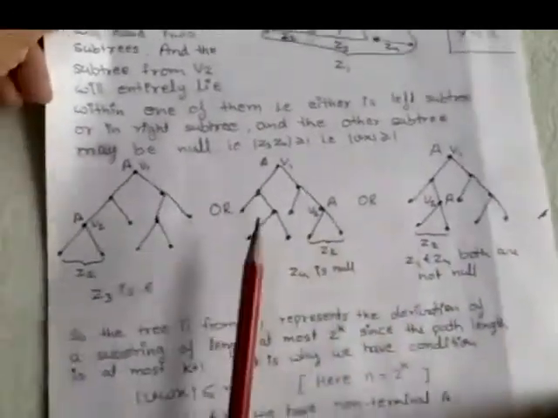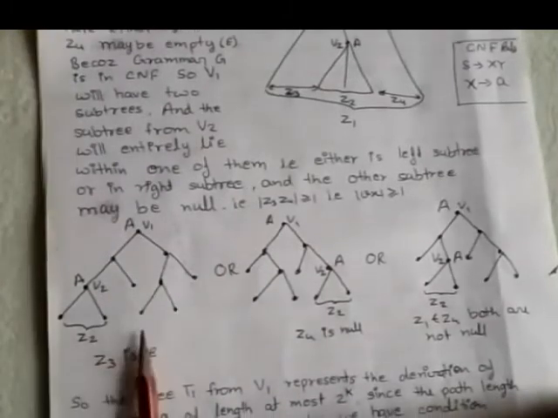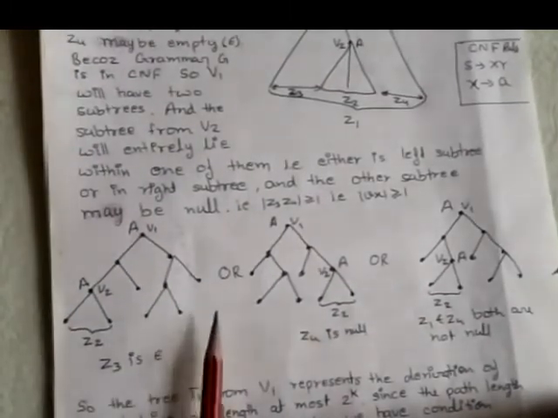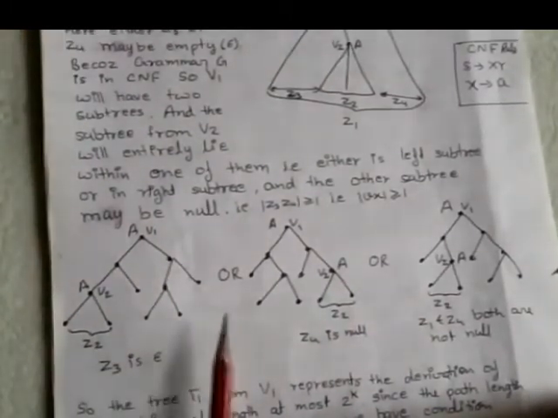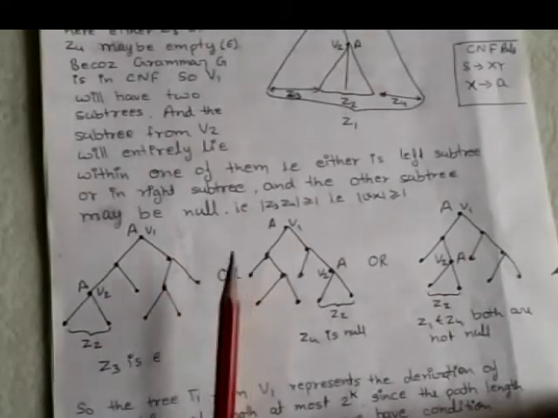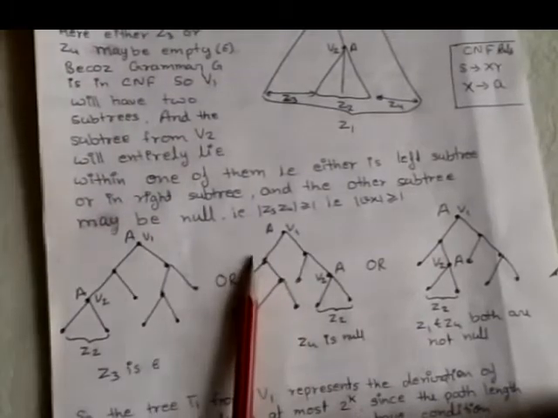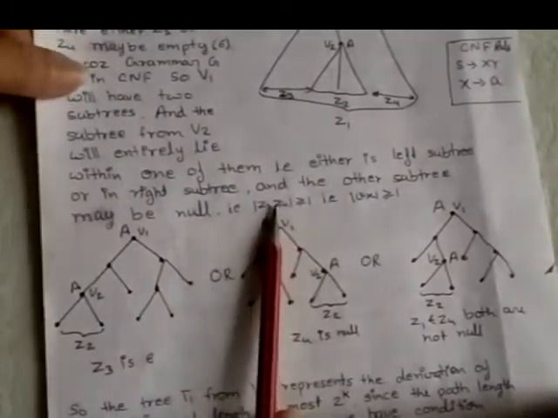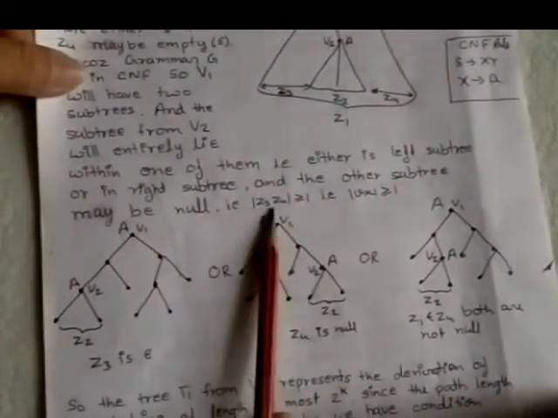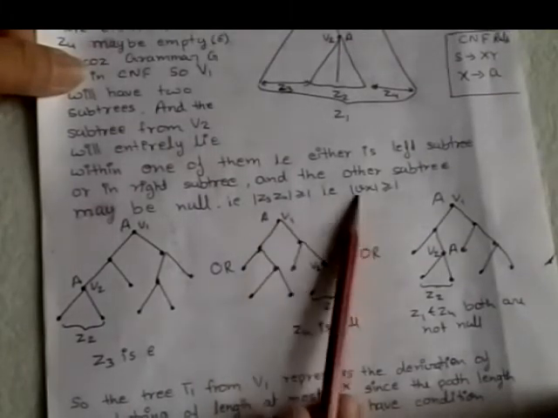So either Z3 or Z4 may be empty, but not both simultaneously. That's why we have taken the first condition that the length of Z3 and Z4 together should be greater than or equal to 1. So this belongs to the first condition, that the length of VX is greater than or equal to 1.